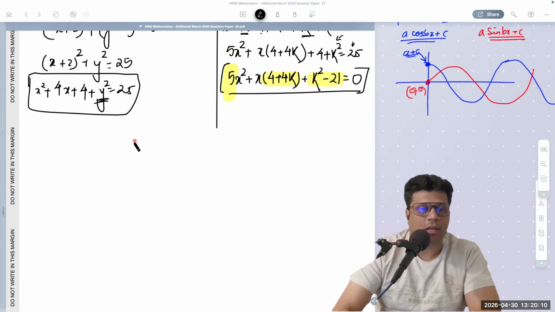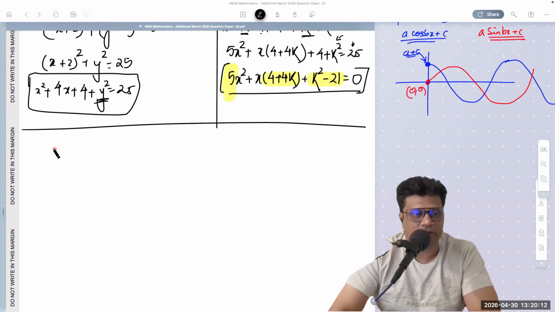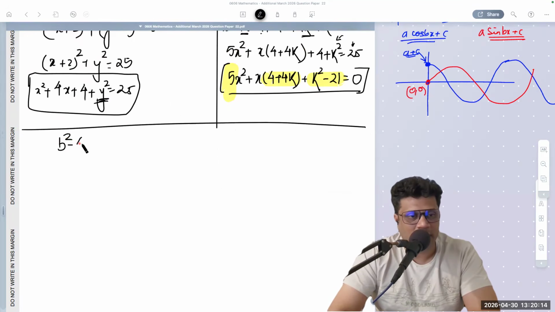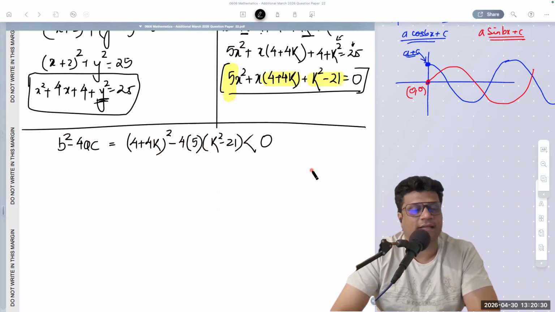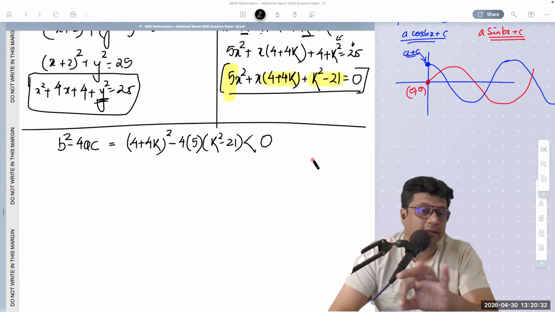Discriminant is b square minus 4ac. So it's going to be (4 plus 4k) square minus 4ac, and it should be lesser than 0 for the line not to meet the circle.